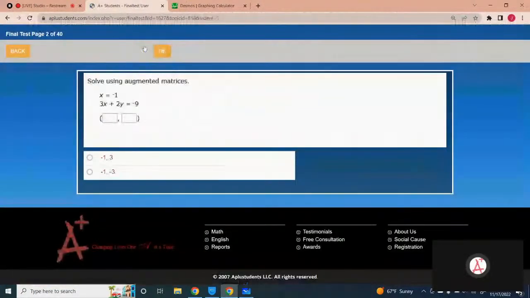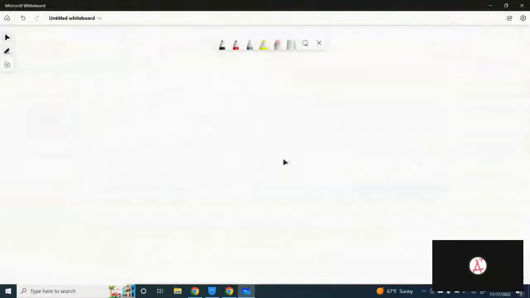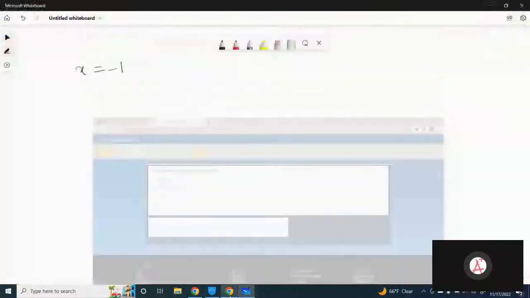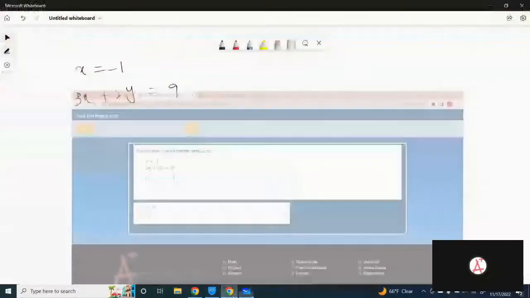Okay, the next one, now we have to solve this using the augmented matrices method. Got it? Let me just solve this. 1x equals -1. And the second one is 3x plus 2y equals -9.